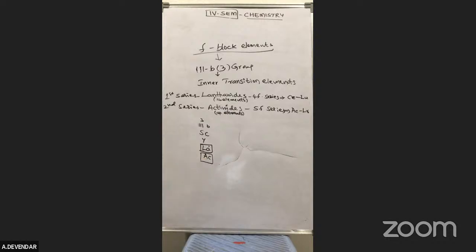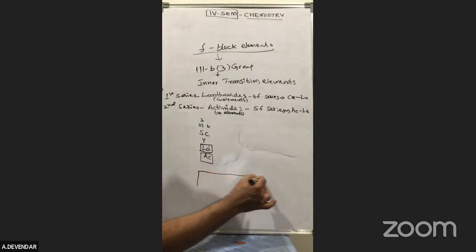In the modern periodic table, or Moseley's periodic table, scientists thought you can't fit all the elements, including lanthanum, 15 elements, in this one box. It is very difficult. That's why they keep them at the bottom of the periodic table.